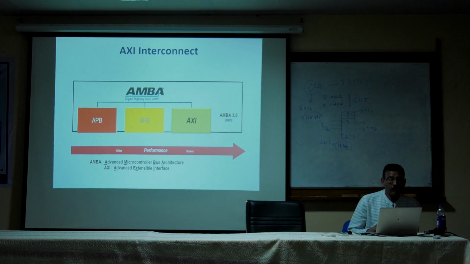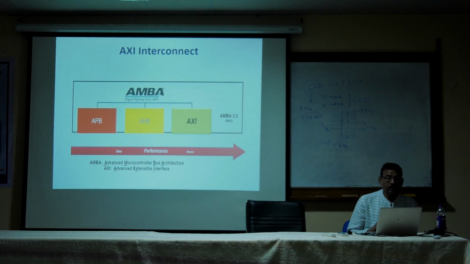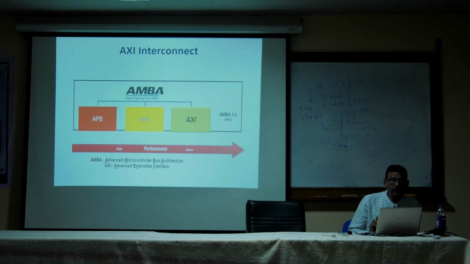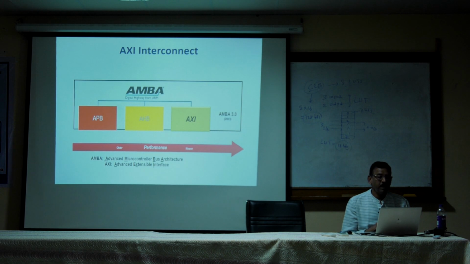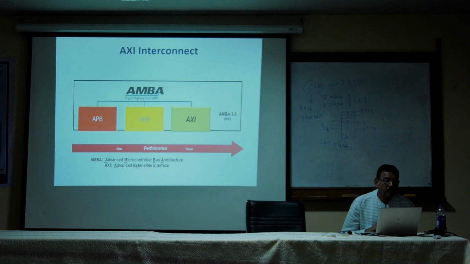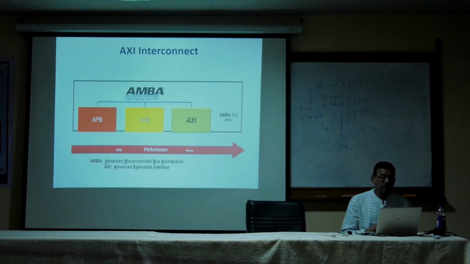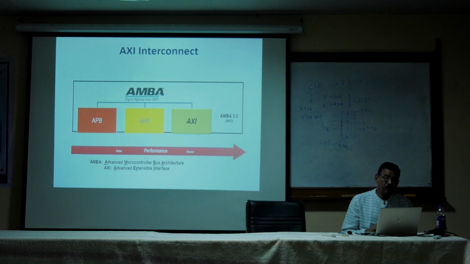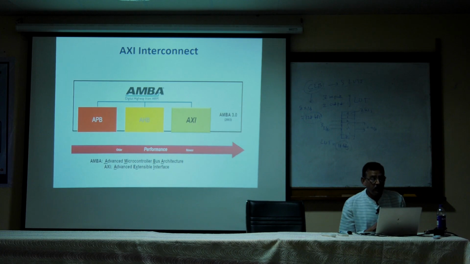So, this is the AMBA interface, and AMBA is Advanced Microcontroller Bus Architecture. Okay. This is for interconnecting the FPGA fabric with the processor core. So, in this, APB, AHB, AXI are sub interfaces, in the AMBA 3.0 standard.